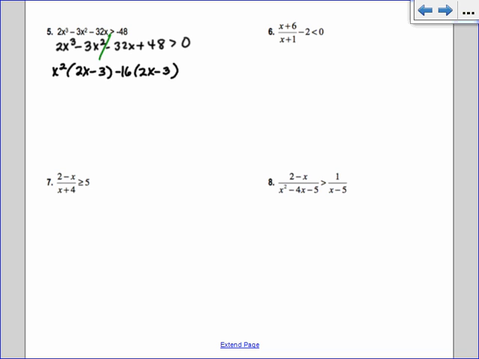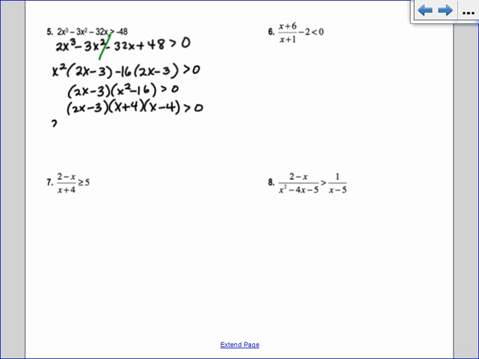Negative 16, right? 16 times 3 is 48. That might not be one that you knew, but you at least knew 16 times 2 is 32, right? So we pull out the 2x minus 3, and we're left with x squared minus 16. Difference of two squares, right? So it factors further: x plus 4, x minus 4.